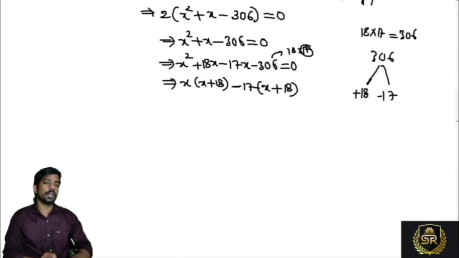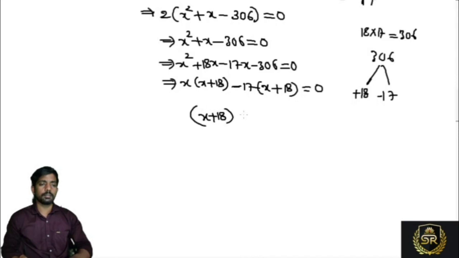Clear? Next, x plus 18 is common in both, and here x minus 17 equals 0. So x plus 18 equals 0 or x minus 17 equals 0.